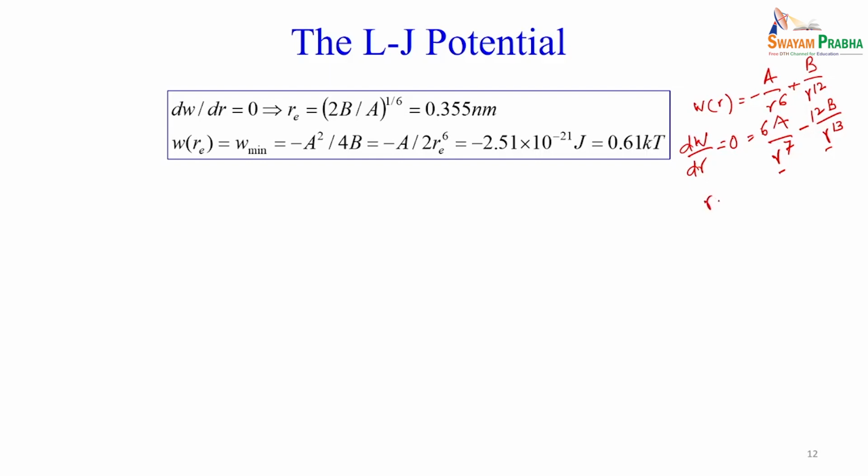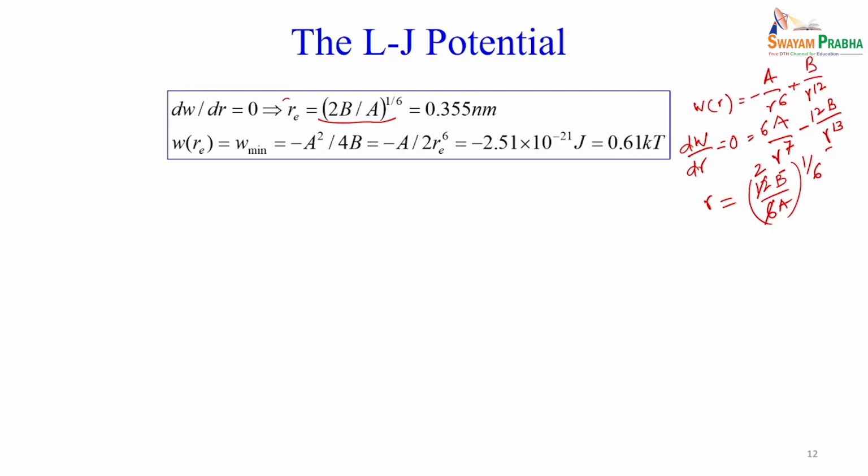So, r will be 12B upon 6A to the power 1 upon 6, so you can say 2B upon A to the power 1 by 6, and its value is coming out to be 0.355 nanometer.